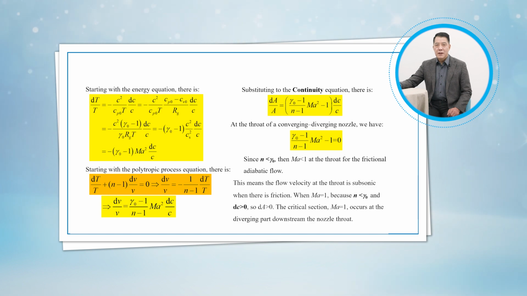This means the flow velocity at the throat is subsonic when there is friction. When the Mach number is unity, we have positive area variation. The critical section where the Mach number is unity occurs at the diverging part downstream the ladle throat.